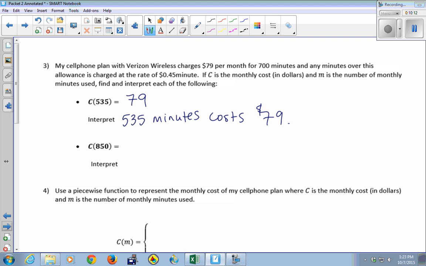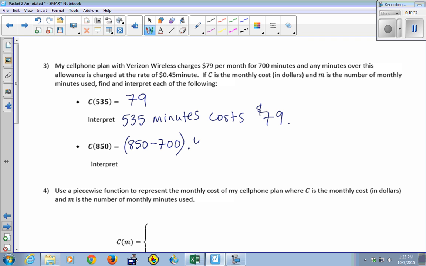Say it again. How'd you figure it out? Great. Yeah. So 700 minutes are paid for with your $79. So you take away the 700 you already paid for from 850. That leaves you with 150 minutes that you still have to pay for.